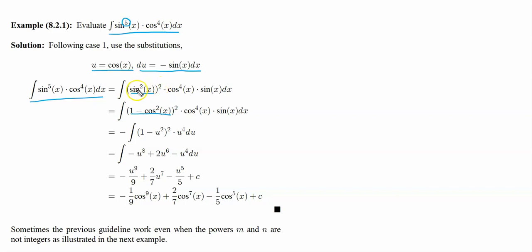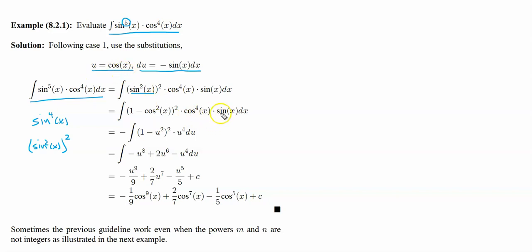We had a sine to the 4th left here when we move the one sine over to the dx, and you have to write this as sine squared to some power, and that power is going to be 2 in this case because 2 times 2 is 4.